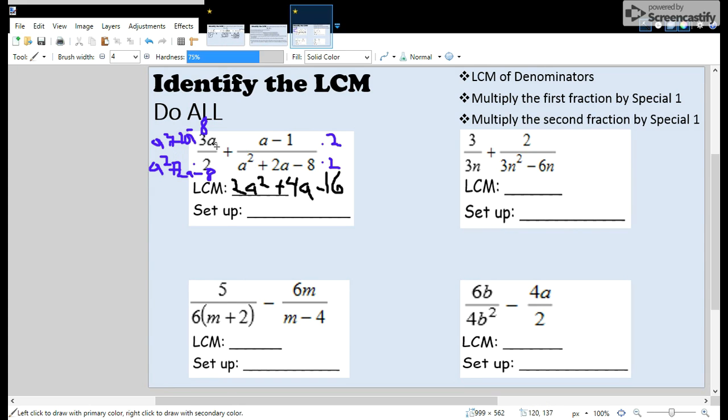Once we multiply those out, we have 3a to the third power plus 6a squared minus 24a. And that is all over our LCM, 2a squared plus 4a minus 16.